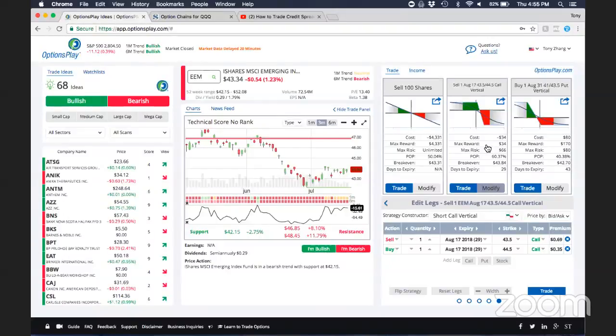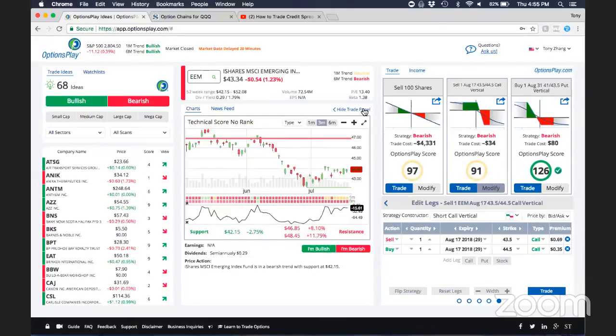And there's no good way to do this other than really playing around. That's really why we created Options Play, so that you can quickly make the strikes wider, narrower, move them up one, down one, and immediately see the reflection of what you're getting.